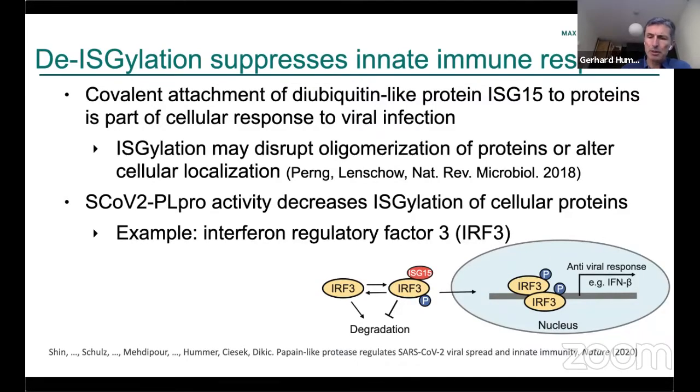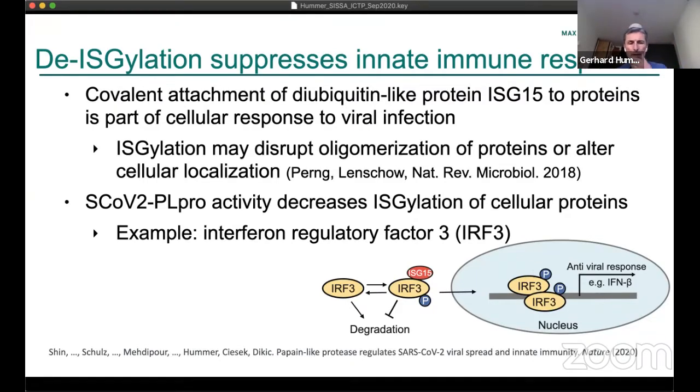And so, very briefly, in a nutshell, if it's modified by ISG15 covalent attachment, then it gets phosphorylated, and that leads to uptake of this IRF3 factor into the nucleus, where it activates the antiviral response by acting as a transcription factor.